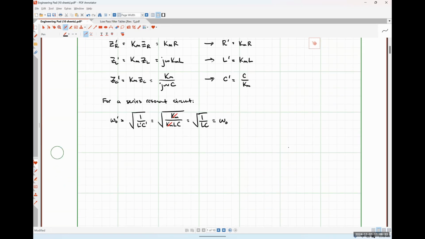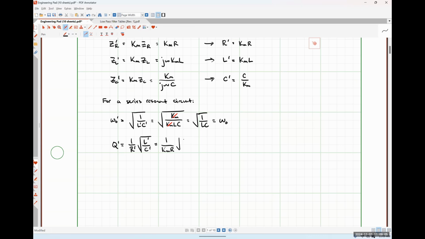If we look at our quality factor, Q, and we want to see how scaling impacts that, I'm going to use the relationship 1 over R prime times root L over C, so that we have the effects of scaling all three components built in here so we can see what impacts it has on Q. So this is going to look like 1 over Km times R. And then I'm going to have the square root.